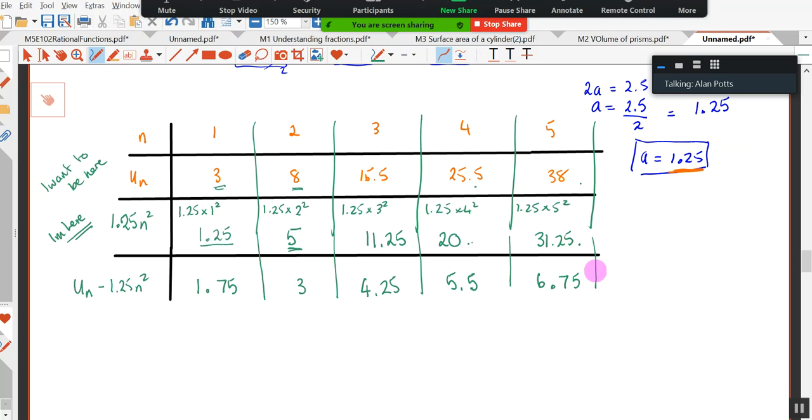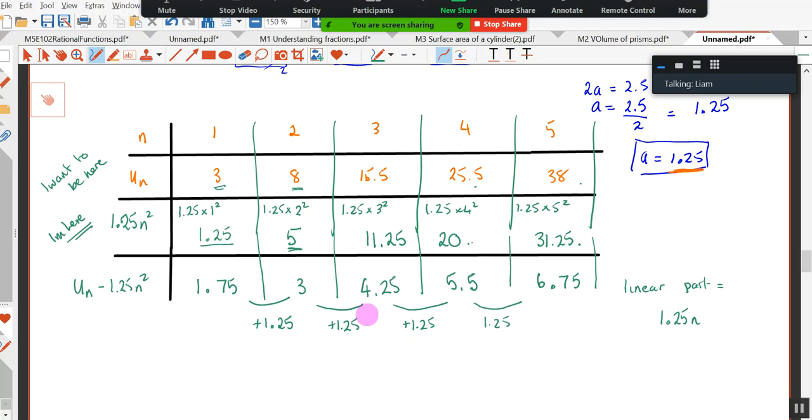Yeah. Okay. So then we say, right, is there any pattern to this? So this we treat as a linear sequence. So this is the linear part. And we can see that this is plus 1.25 every time. So I can actually generalize this bit and say that this bit is actually 1.25 n.